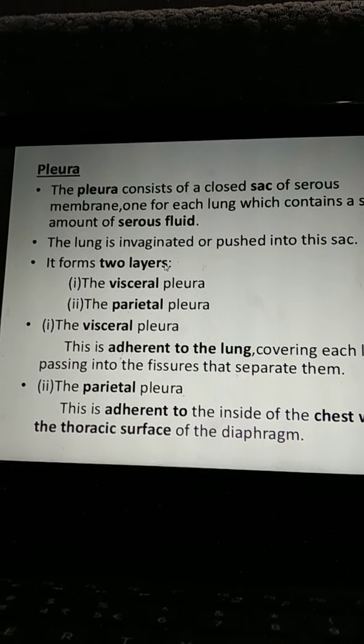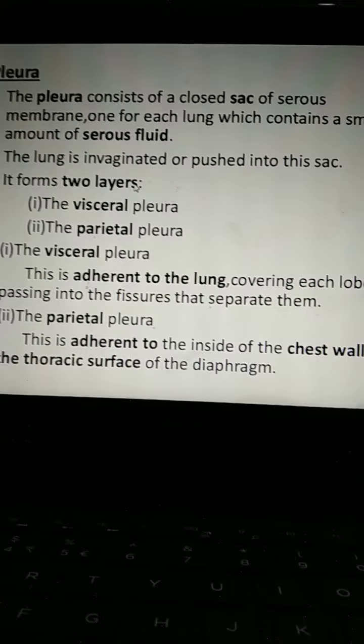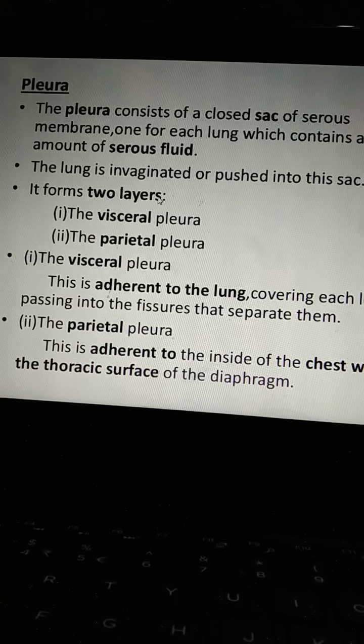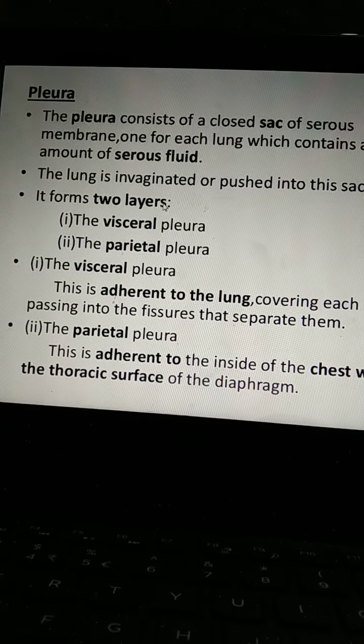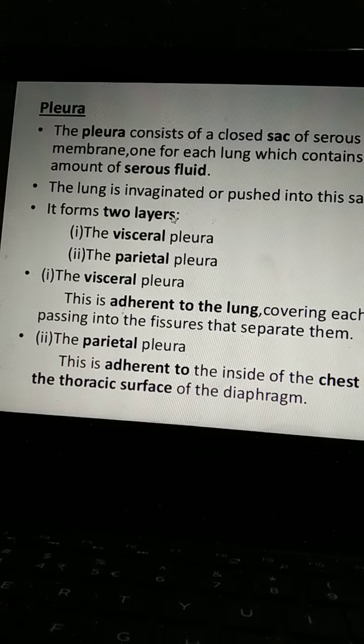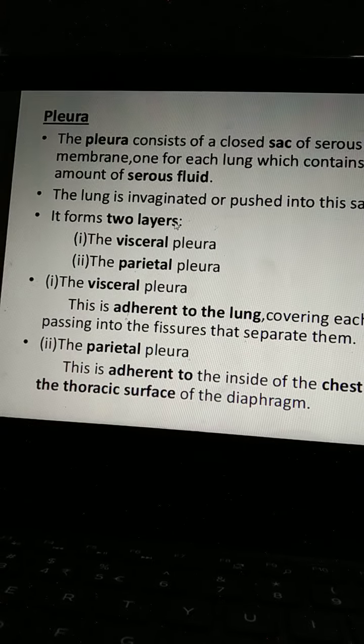Next, coming to the pleura. Whatever structures are there in the thoracic cavity are surrounded by a sac-like structure called the pleura. The lungs are covered with pleura, and the heart is also covered with a similar membrane.